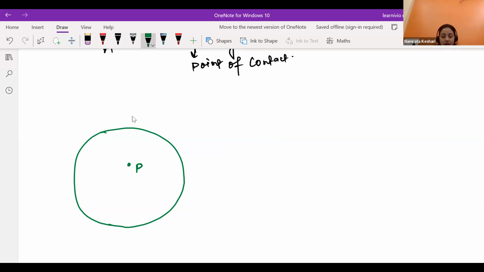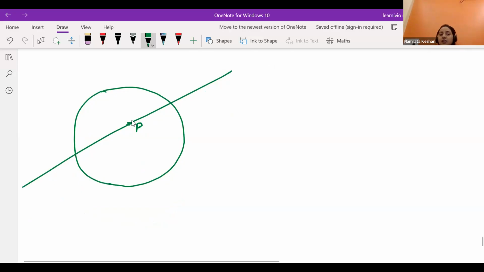Can we draw a tangent through this point P from inside the circle? No. A tangent means a line that touches the circle at only one point, and from here any line we draw will not be a tangent to the circle, right? So if a point is inside the circle, then we cannot draw a tangent. Tangent not possible.